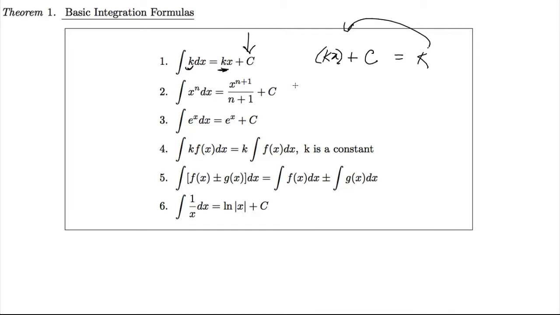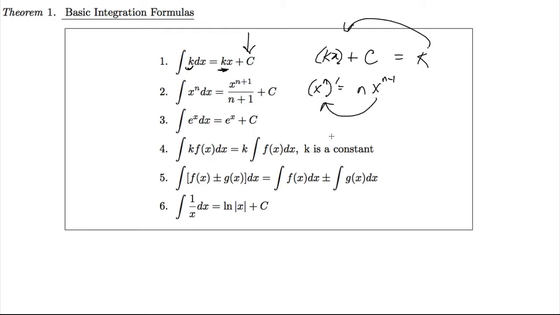You recall that if you differentiate this by the power rule, you subtract 1 and multiply by n. This is the power rule: n times x to the power of n minus 1. So how do you go back to x to the power of n?